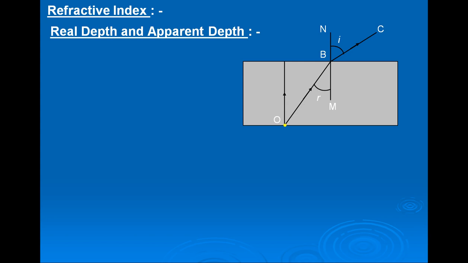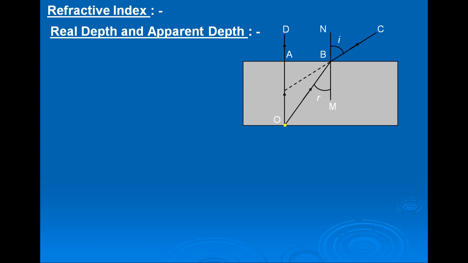Another ray of light from point O falls normal to the surface at point A. Now, because the incident angle is 0 degrees, the angle of refraction is also 0 degrees, and the ray of light moves undeviated along AD.